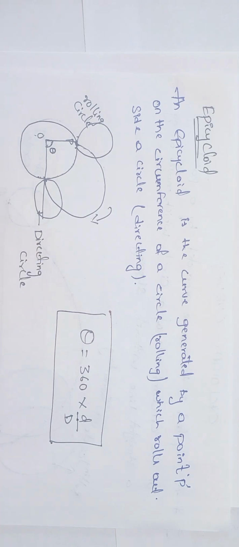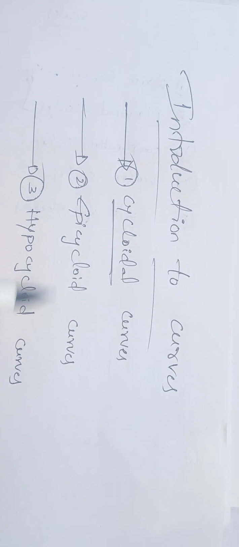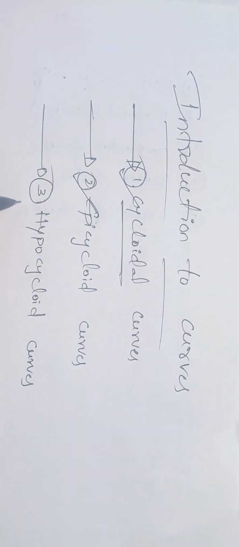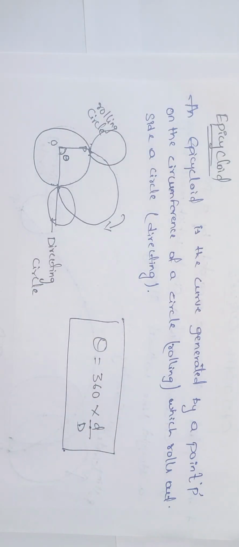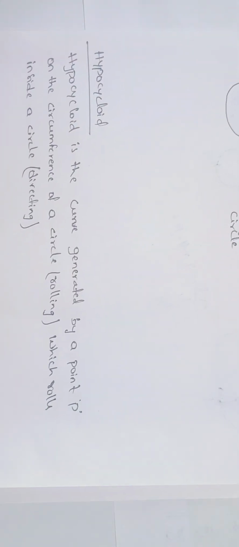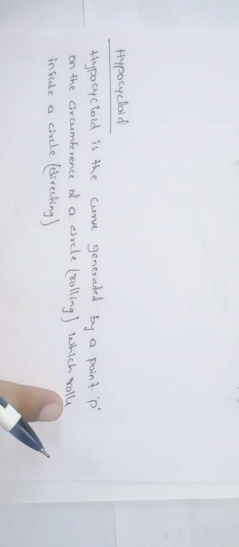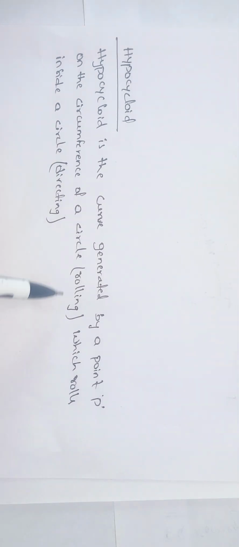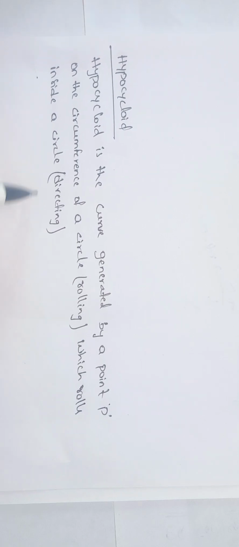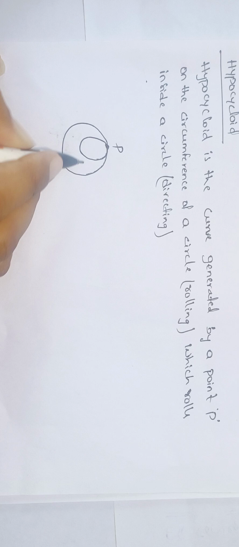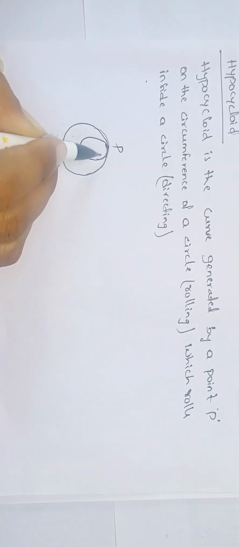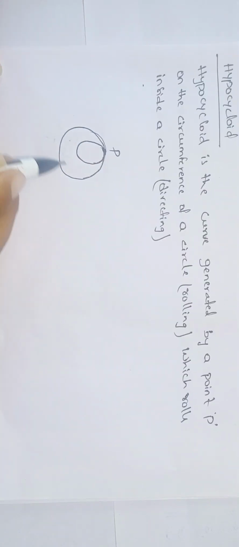So we have covered the cycloidal and epicycloid, and next comes the hypocycloid. A hypocycloid is the curve generated by a point P on the circumference of a circle which rolls inside another circle.